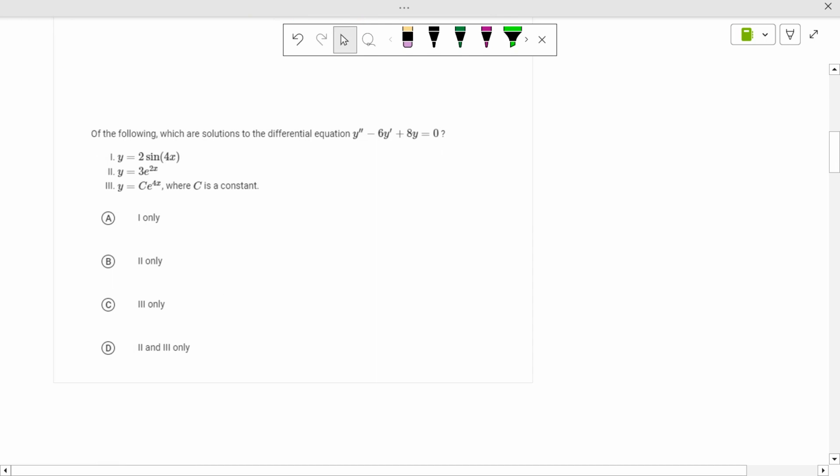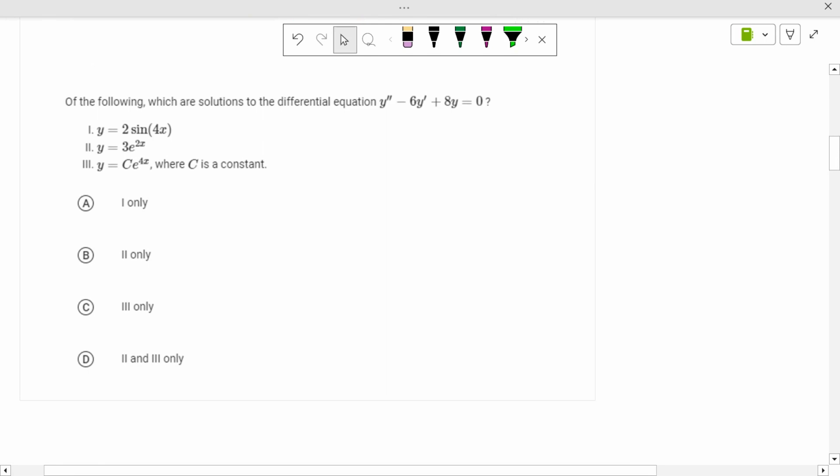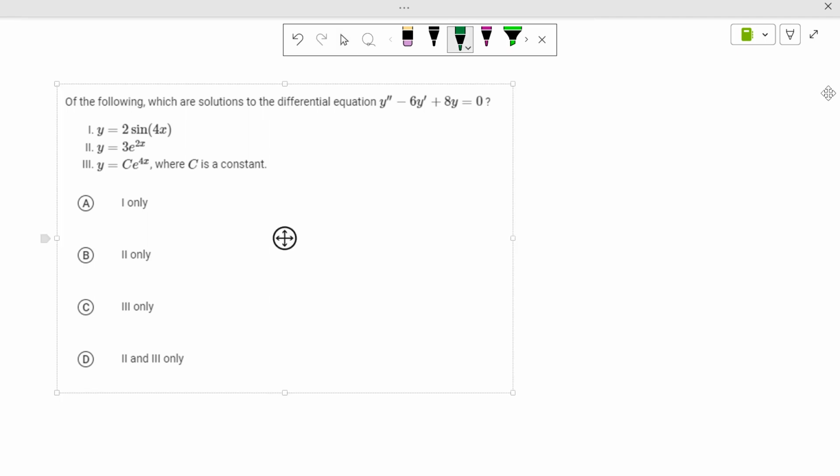Which of the following solutions are to this differential equation? How will we go about this? What I would do is find y prime of this.